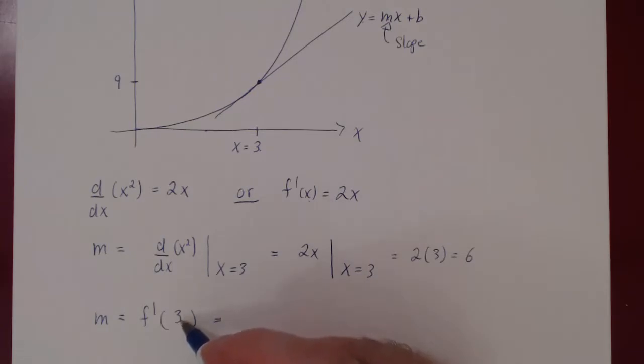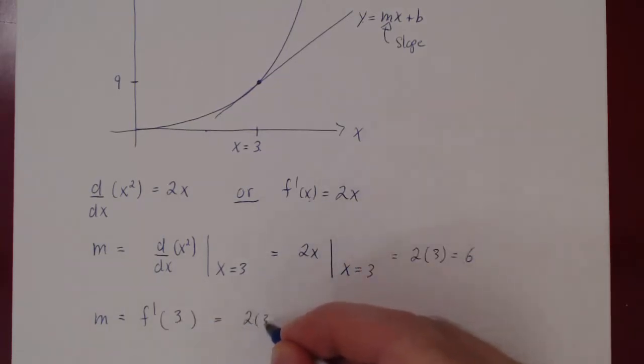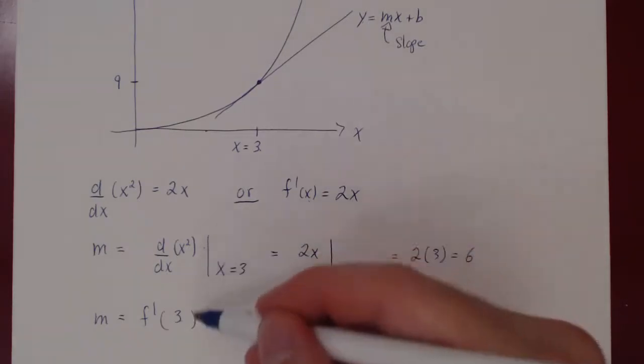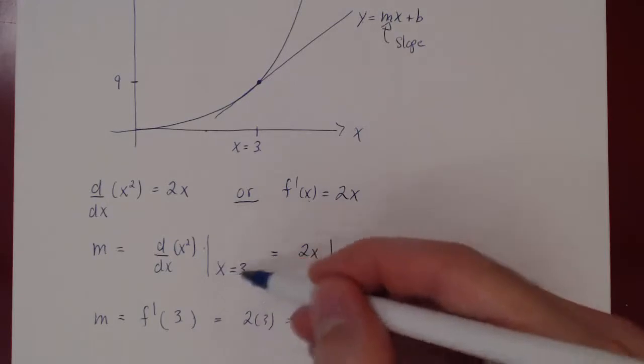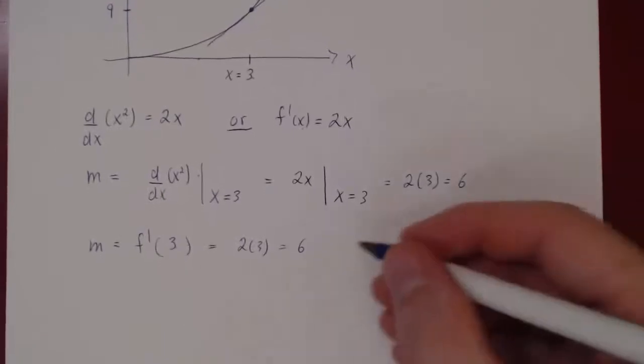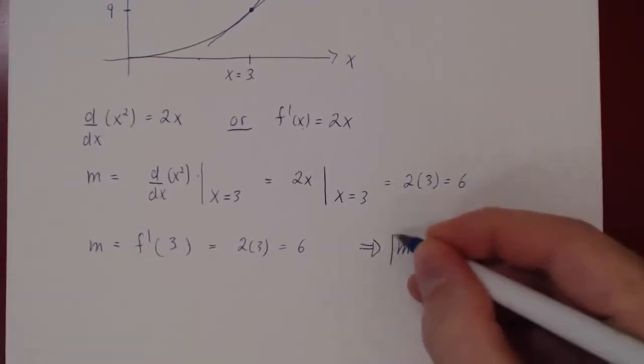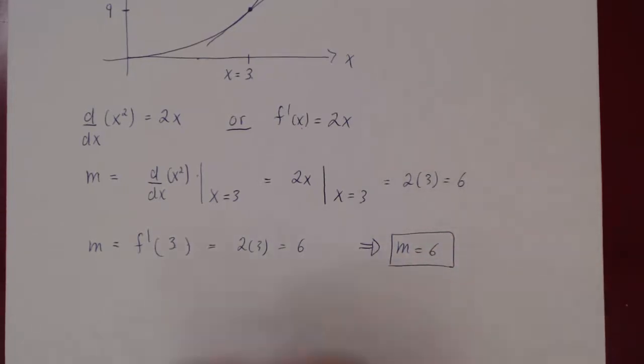Now we are replacing the x value by 3, so we get 2 times 3. And once again, the slope is 6. So two ways of evaluating the derivative at the point of interest. So now we know m, right? So m equals 6. So we're halfway done.